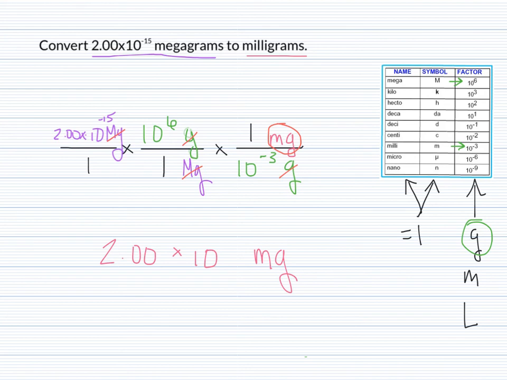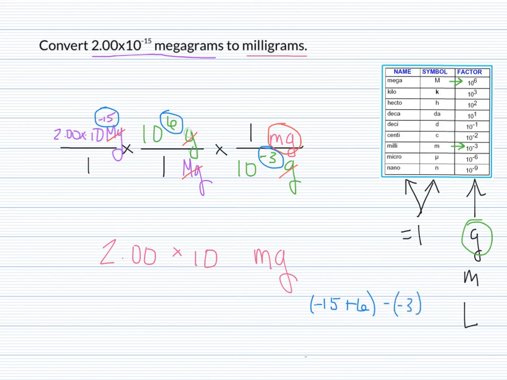So something that I have found helpful after working with you guys and using all the highlighters and color coding is I like to use a different color to circle or underline my exponents, and then go off to the side and just kind of write out exactly what I'm calculating. So I'm going to write in parentheses negative 15 plus 6, and I am going to subtract a negative 3.